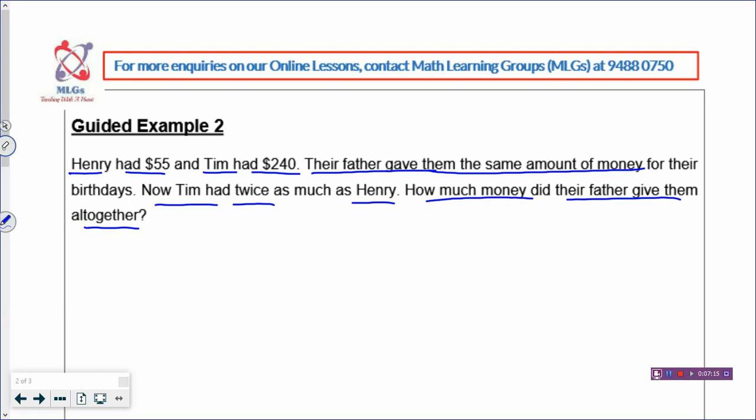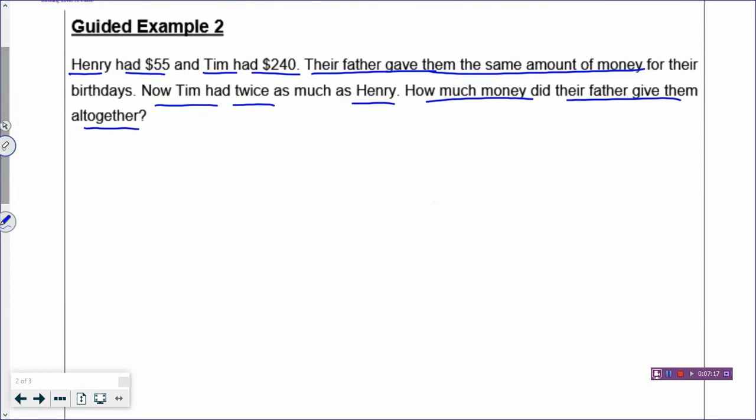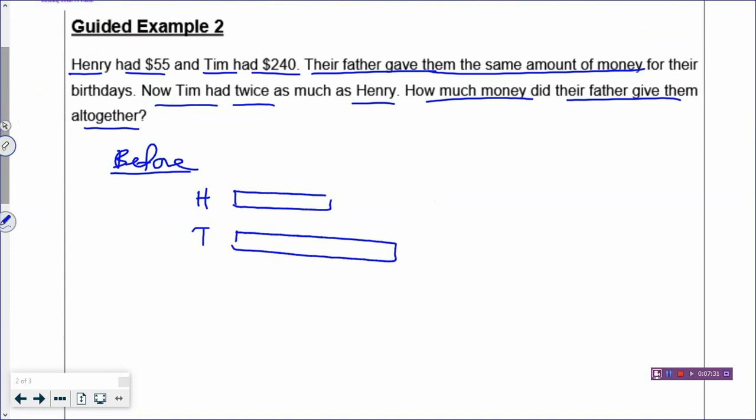All right, so let's draw out the problem again without solving. Now, Henry had 55. So let's draw the before model first. So Henry and Tim. Henry has a short rectangle. Tim has a slightly longer one. So try to make them one long, one short. And again, if you don't know how to draw, then put the number outside. And this is 240.